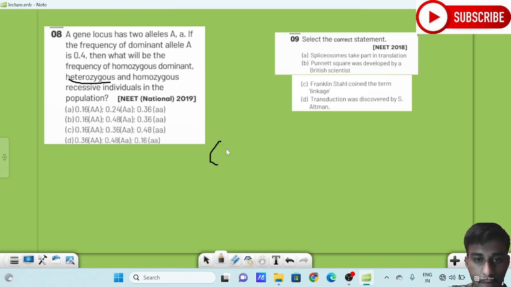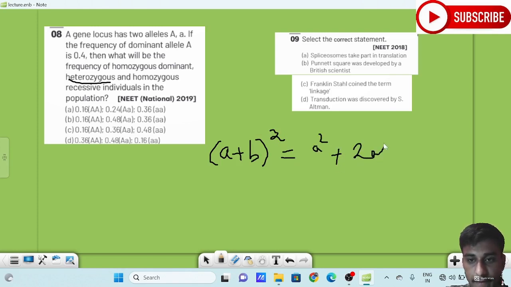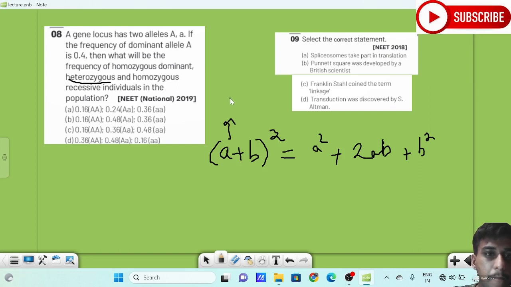So from the equation (a plus b) the whole square, actually it is a square plus 2ab plus b square. You know that binomial. Okay, so let us give a as 0.4 and b as 0.6.